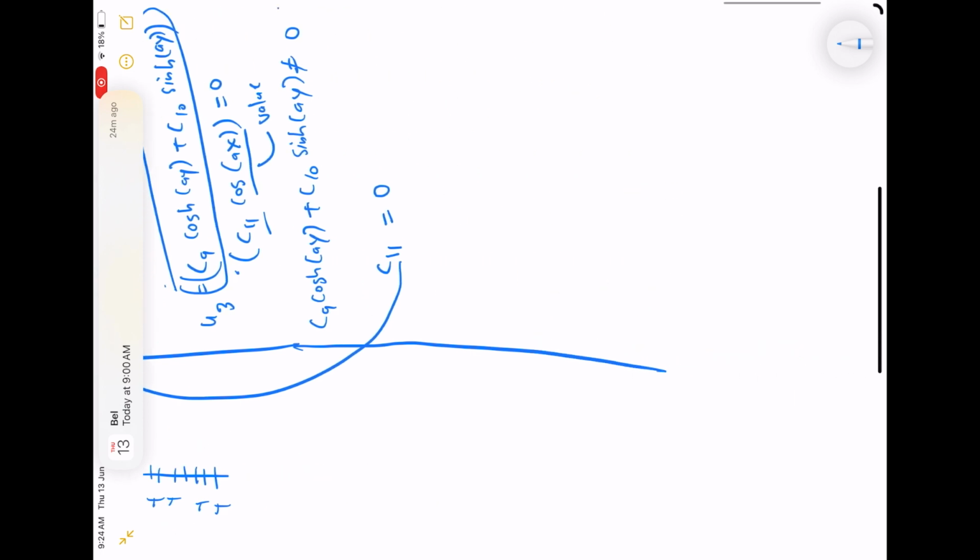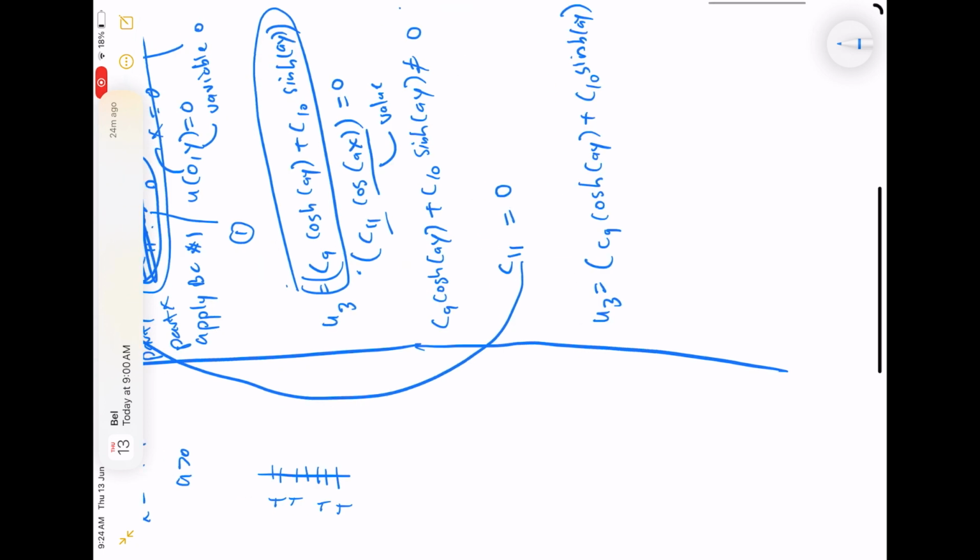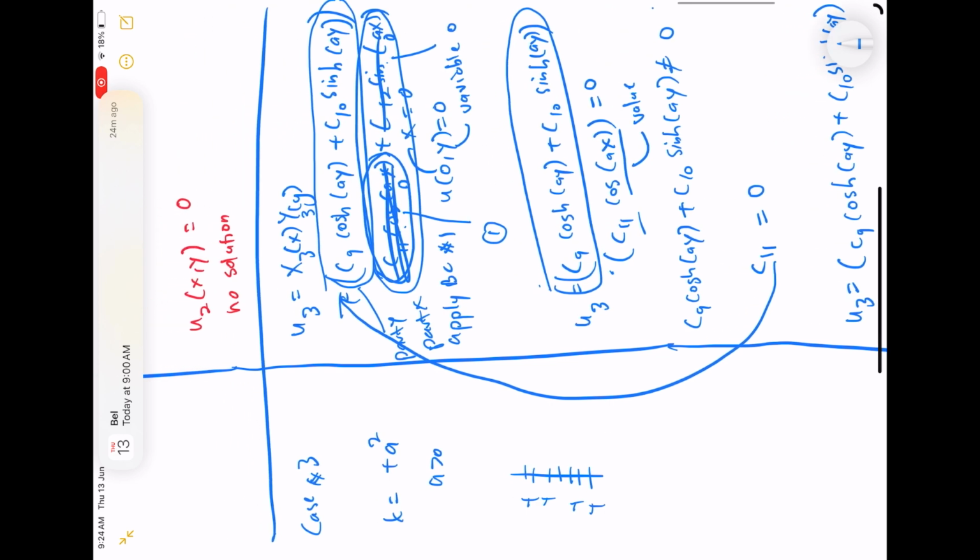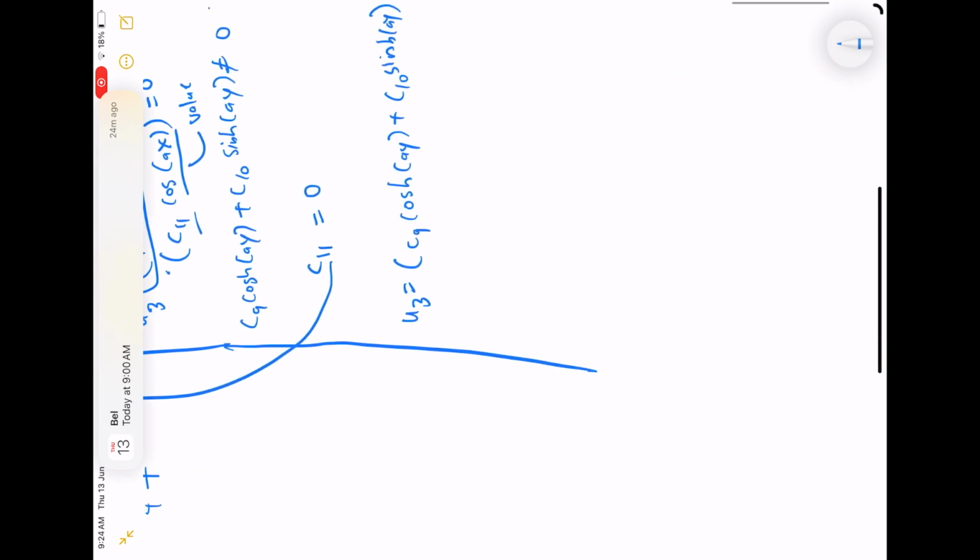So our new u3 is equal to c9 hyperbolic cos ay plus c10 hyperbolic sin ay, multiplied by c11 which is already 0, so we only have this c12 here, multiplied by c12 sin ax.